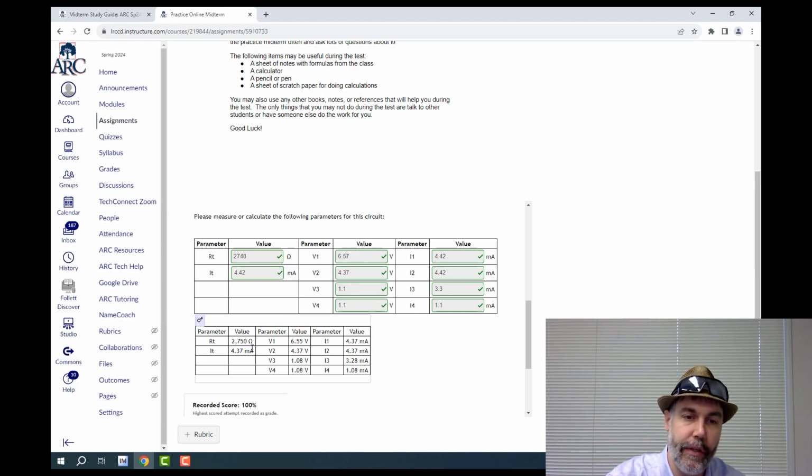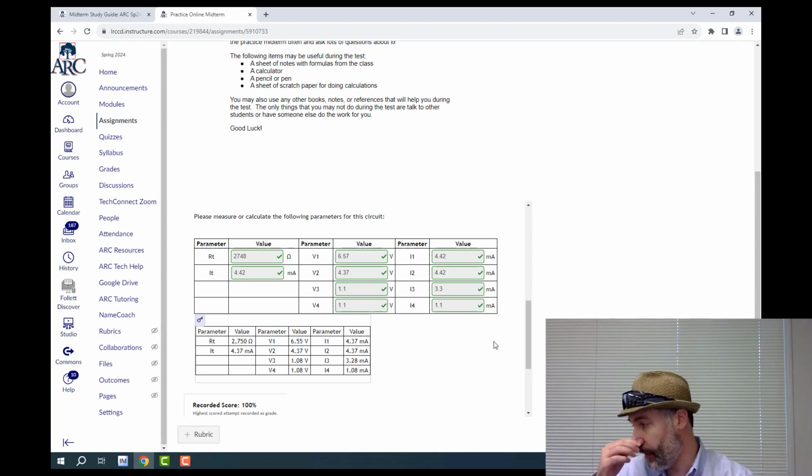Okay? And you'll notice that the answers that the computer calculates are not exactly the same as the ones that we got, and yet we still got the right answer. That's because the computer allows for a tolerance. I believe there's a 10% tolerance allowed between what it thinks is the right answer and what it will accept as a viable answer. Because as we all know, things aren't perfect in the real world. Your resistor values are not going to be exactly the same as the specified values.